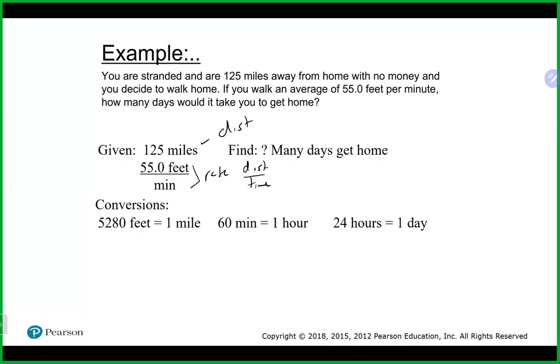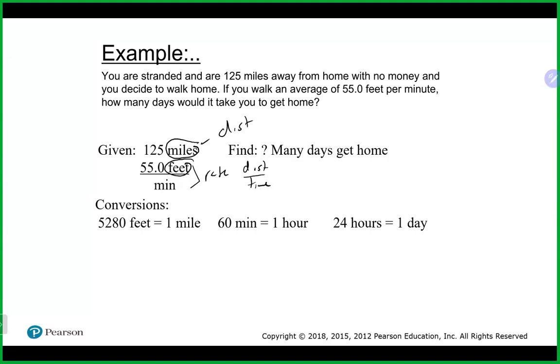And again, that rate is what's going to allow us to go from, in this case, distance to time, since we are looking for days, which is a unit of time. We have the same situation as we talked about earlier. My distance here is in miles, but my distance here is in feet. So the way it sits there, they are not usable together unless you do a conversion. And again, as I mentioned before, it does not matter.